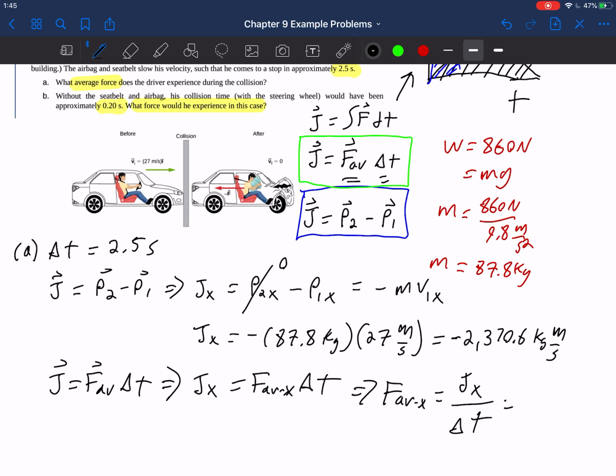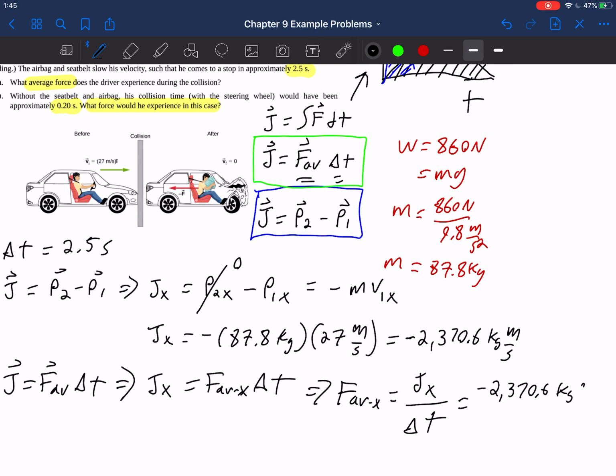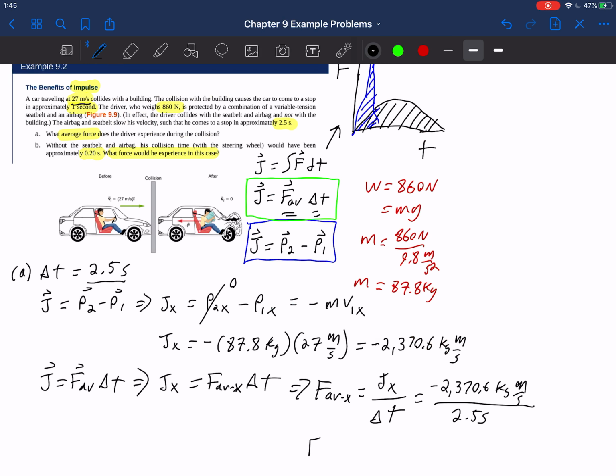And so I can just plug in at this point. This is negative 2,370.6 kilogram meters per second divided by the time for this collision, which was 2.5 seconds. And when I plug that all in, I find that the average force in the x direction is equal to negative 948 newtons.